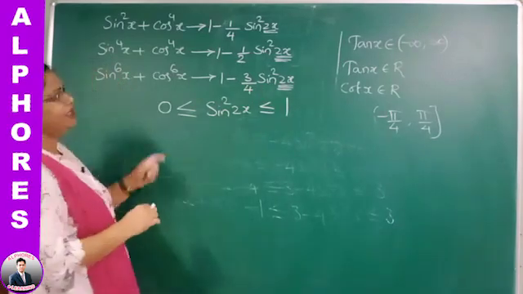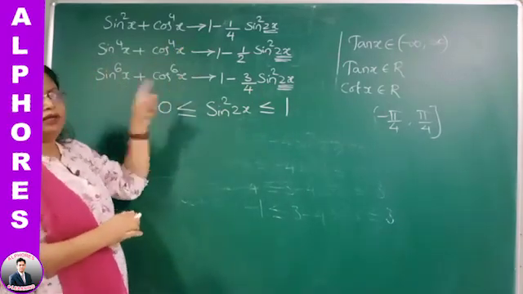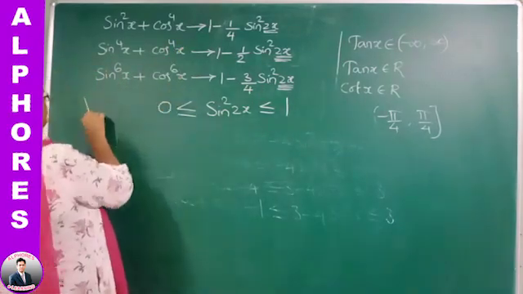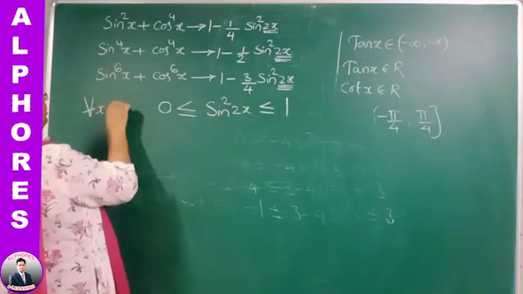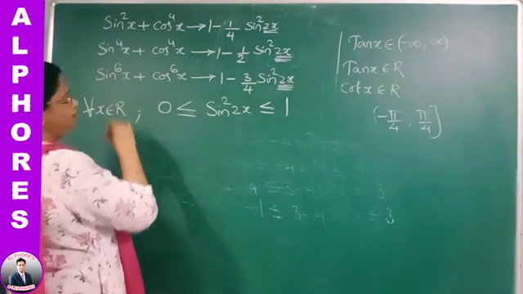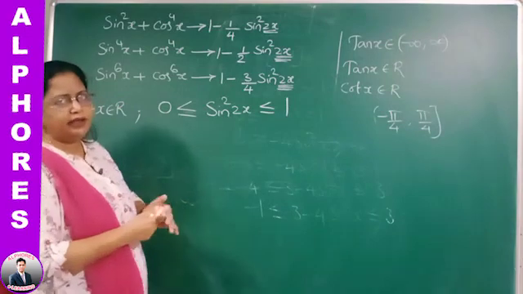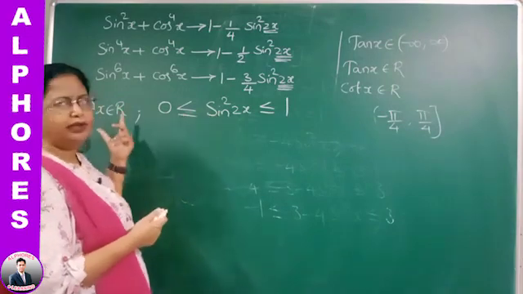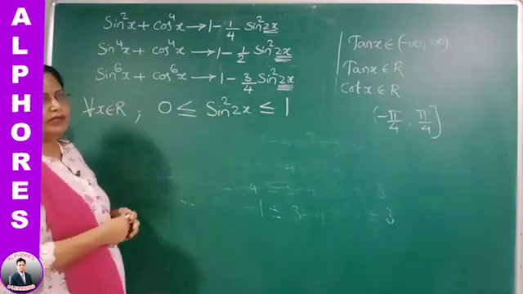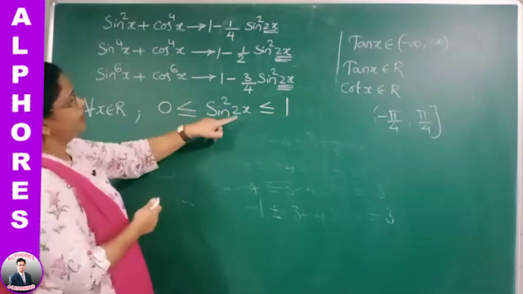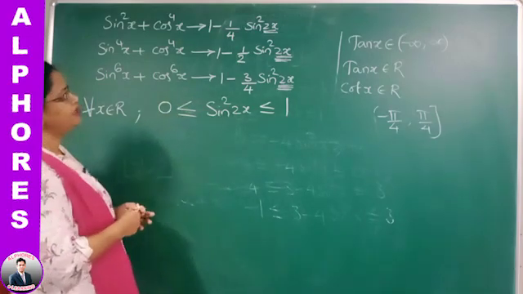This is the common condition for all these three problems, and it holds good for all x belonging to R. Every time before writing the range of any particular function, don't ignore the domain of that function. So now I took this value which is in between 0 and 1.